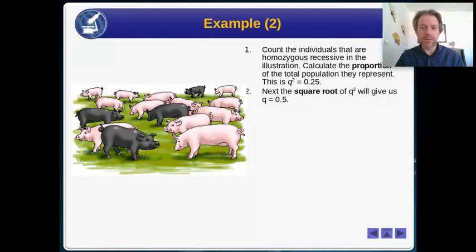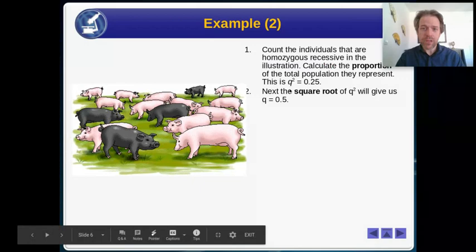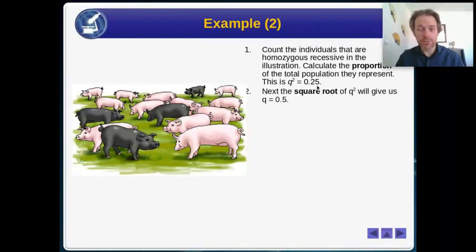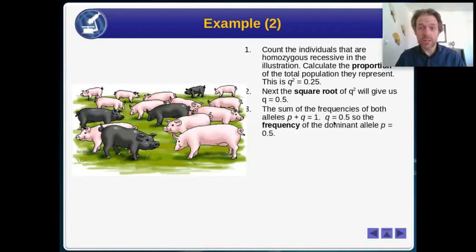Here we've identified that our homozygous recessive proportion is 0.25, 4 out of 16. So we can square root that to get a value for Q of 0.5. Since P plus Q always equals 1, 0.5 plus 0.5 equals 1, so we know that P must be 0.5 as well.